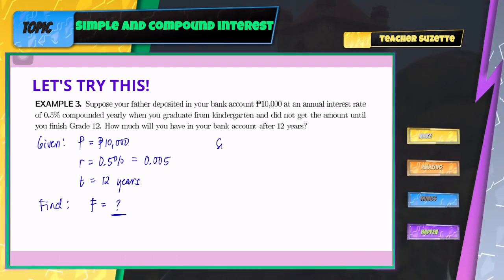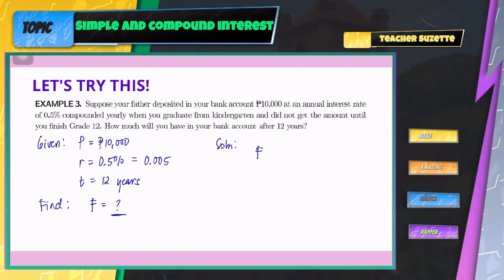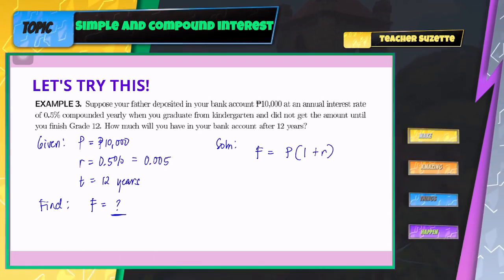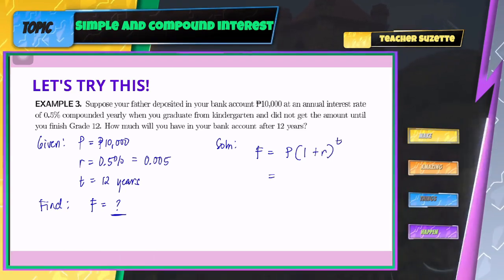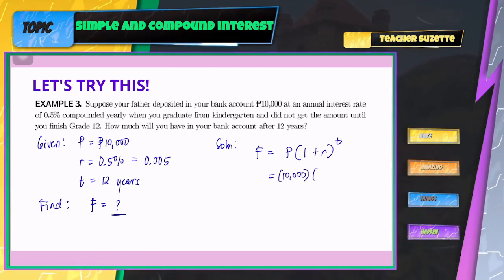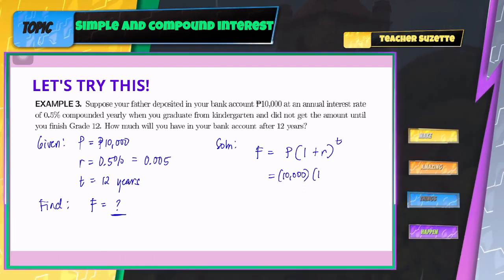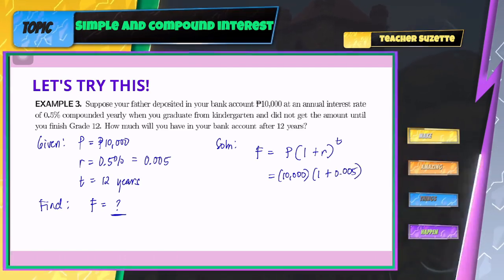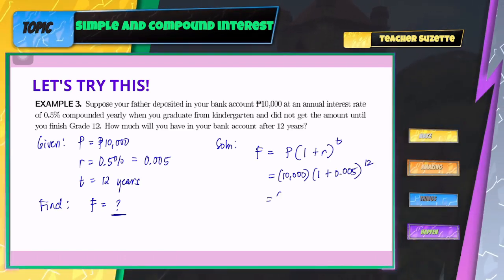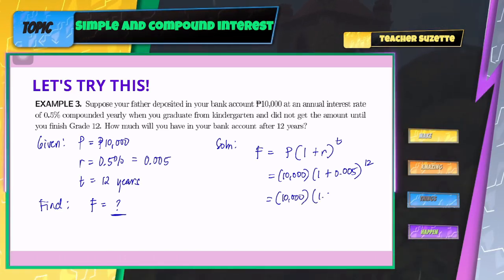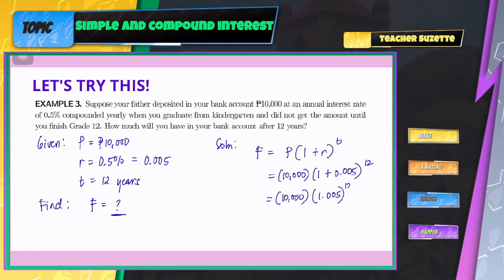So for the solution, using our formula F is equal to P times 1 plus R raised to T, let's substitute our given. We will have F equals 10,000 times 1 plus 0.005 raised to 12. So you will have 10,000 times 1.005 raised to 12.